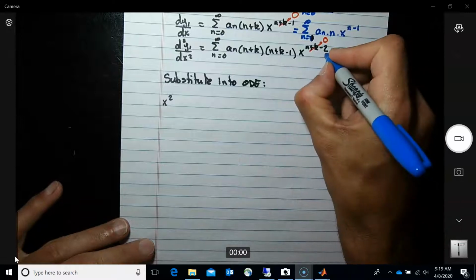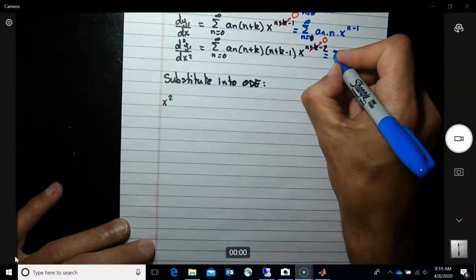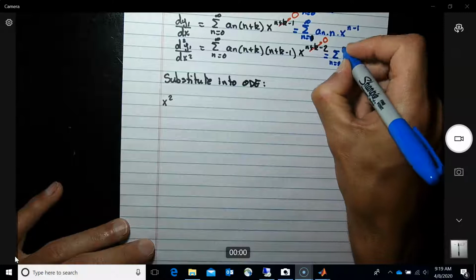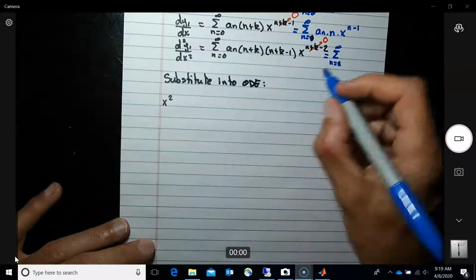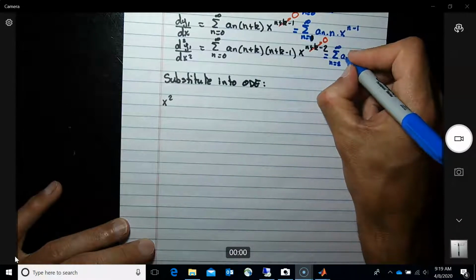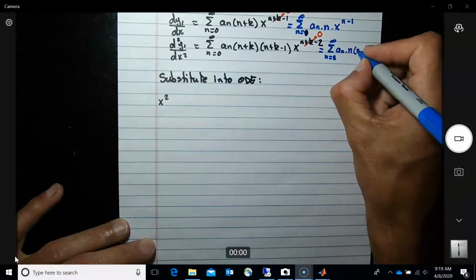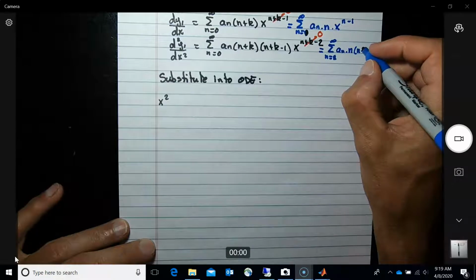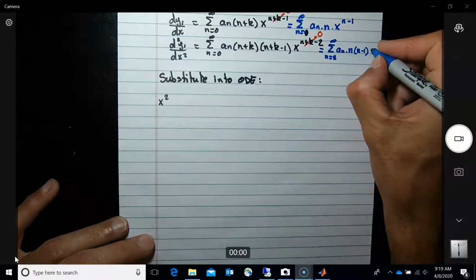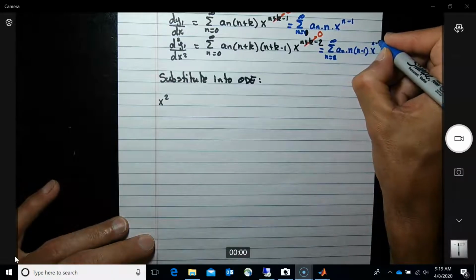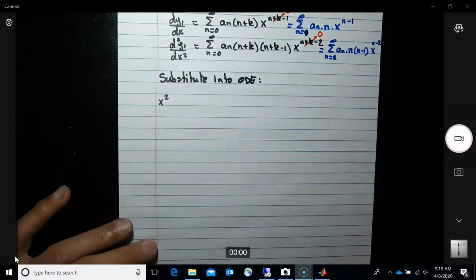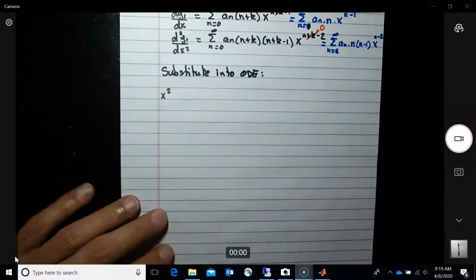And for the last one here, we'll have summation from n equal to, for the same reason, 1 to infinity of a sub n times n times (n minus 1) x to the n minus 2. So this will simplify everything when we go and substitute.